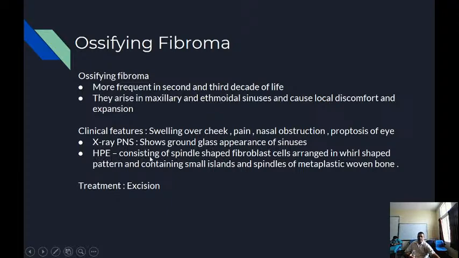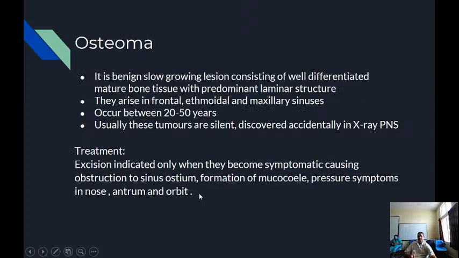The histopathological examination, as I told you, consists of spindle-shaped fibroblasts arranged in a whorled pattern, small islands of metaplastic woven bone. So both elements are present, the spindle cells of the fibrous tissue as well as the bony tissue, the osteogenic, the metaplastic woven bone. That is the histopathology. With that, we identify the extent of the tumor, and excision, because it's a benign tumor, is the treatment.